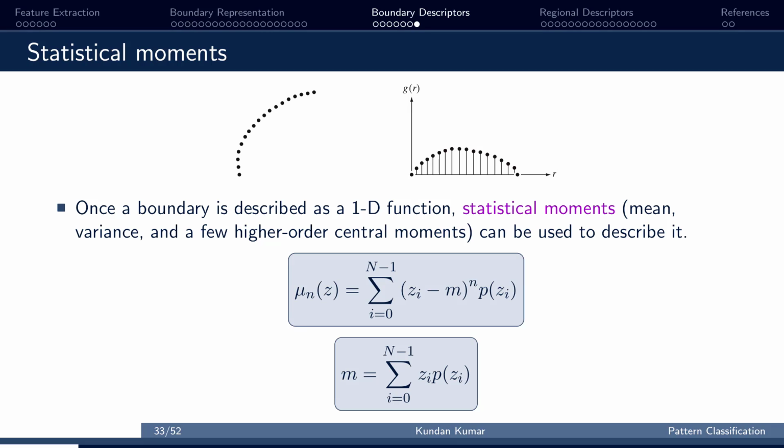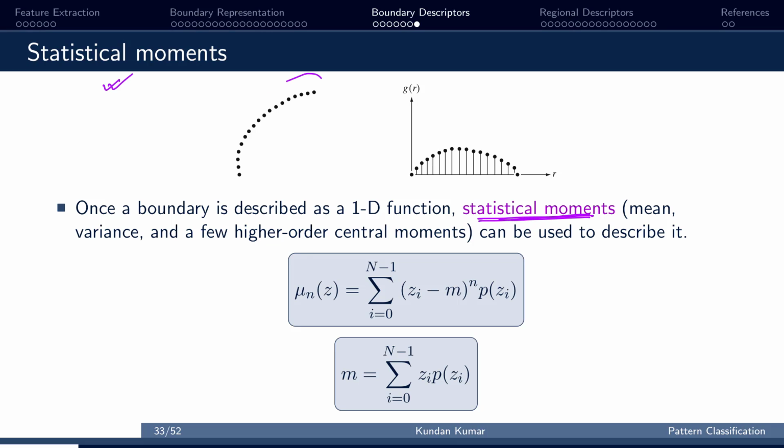Next, we can compute the statistical moments of a set of numbers. Usually we compute the statistical moment of a distribution. If we have any probability distribution function, then we can compute the statistical moments of that distribution.